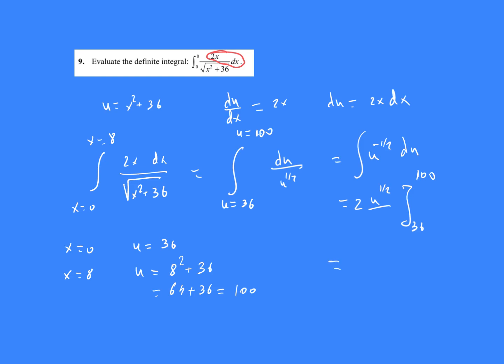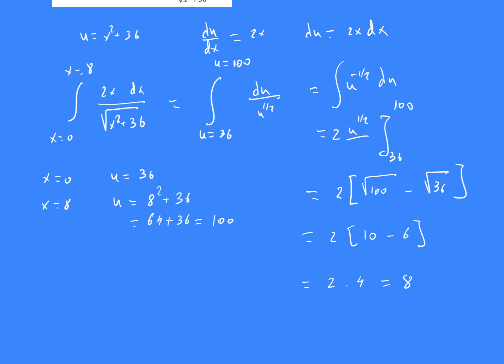So it will be 2 times u to the 1/2, evaluated between 36 and 100: 2 times the square root of 100 minus the square root of 36. The square root of 100 is 10, the square root of 36 is 6, 10 minus 6 is 4, 4 times 2 is 8. So the result will be 8.